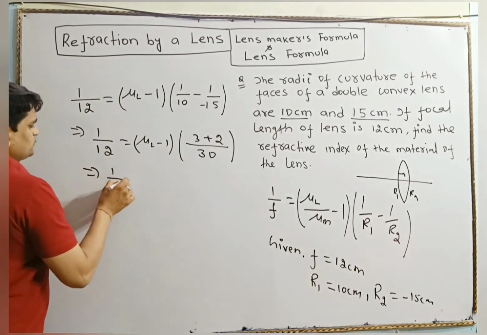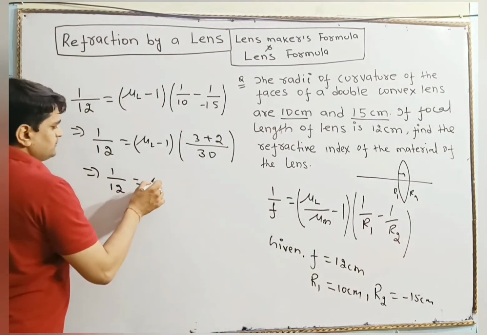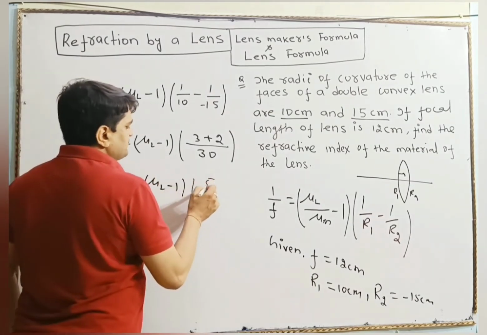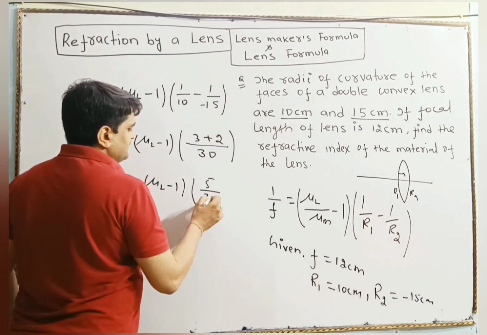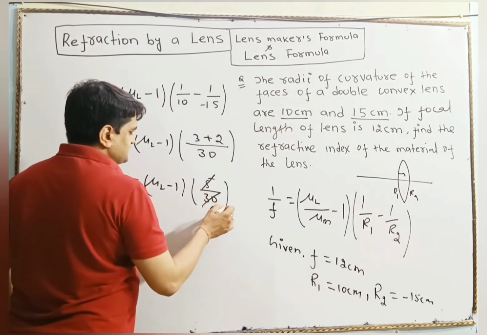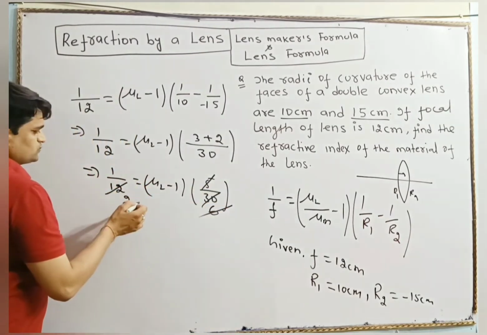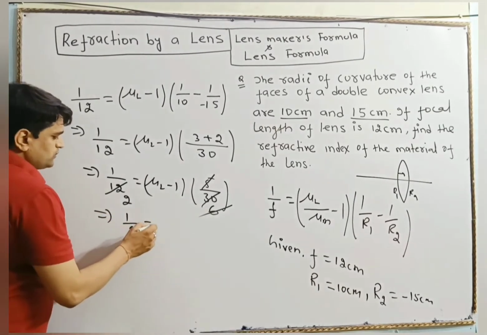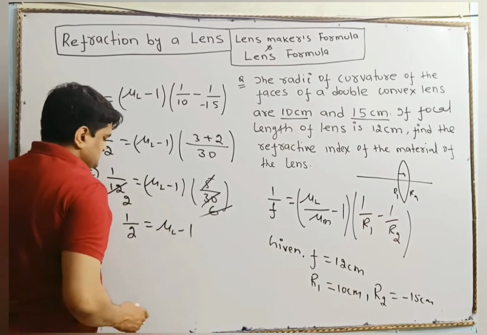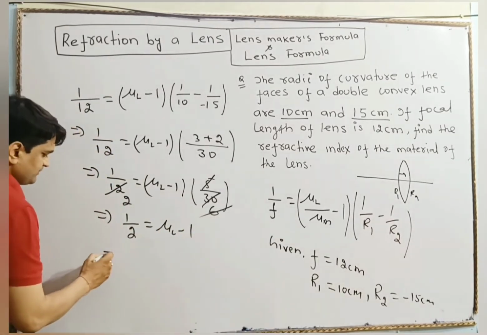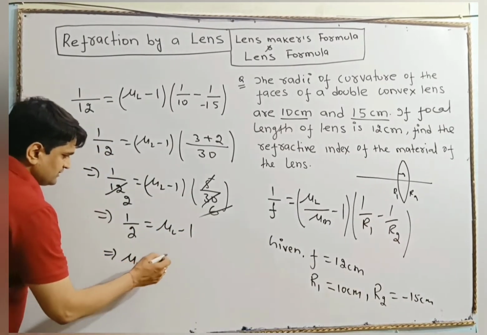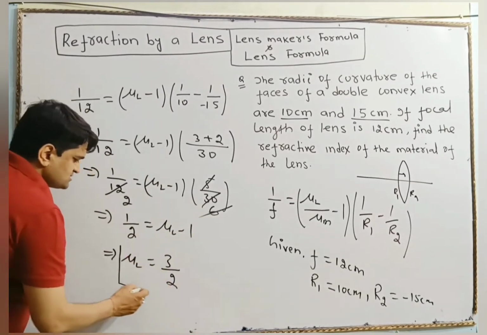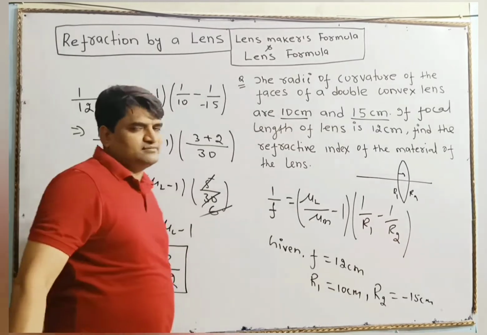Okay, and it is 1 upon 12 mu L minus 1 equal to 5 upon 30, 5 6 and 6 2 ja. Okay, that is 1 upon 2 equal to mu L minus 1. So mu L will be 1 by 2 plus 1, it will be 3 by 2. Simple question and simple solution.